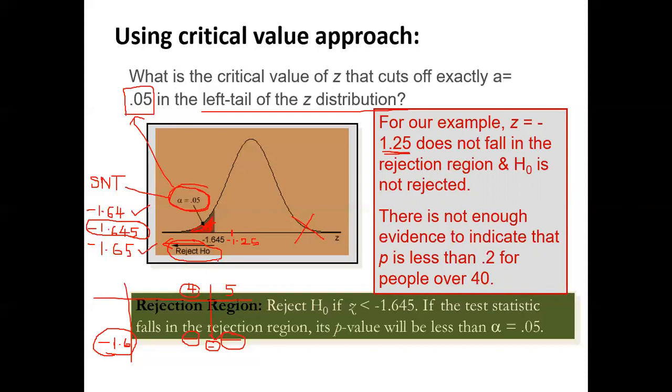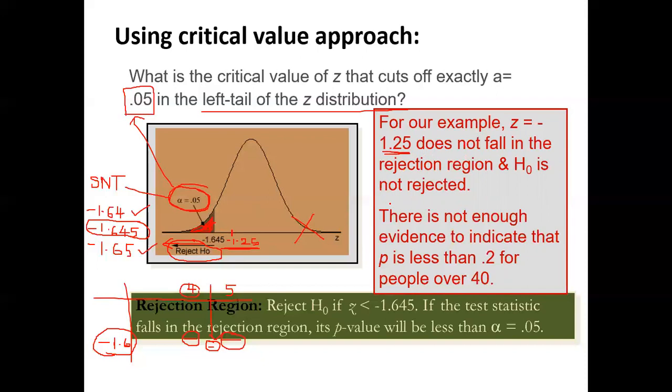The rejection region must be approaching to the left or to the right, the left tail and the right tail. Now it is in this region, in the confidence interval region. So Z of negative 1.25 does not fall in the rejection region.